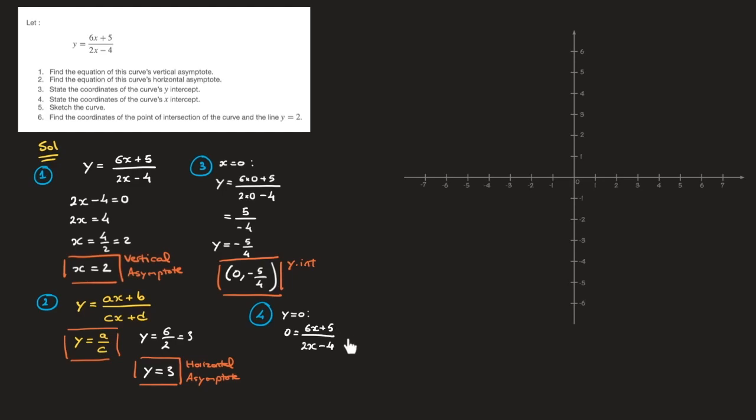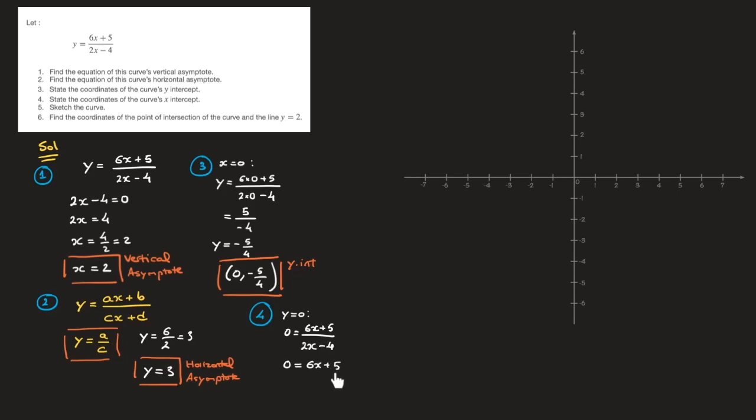And now to find the value of x at which the curve crosses the x-axis, we need to solve this equation. And if you're unsure of how to solve this, don't worry, it's much simpler than it may seem. The only way this can equal 0 is if the numerator equals 0. In other words, to solve this, we ignore the denominator completely and solve 0 equals 6x plus 5.